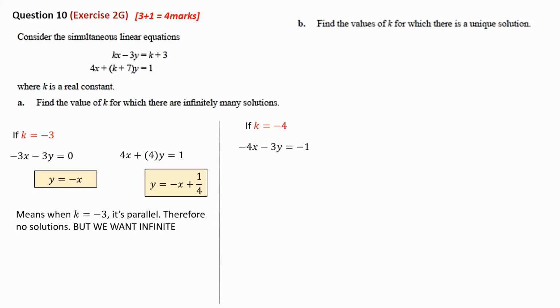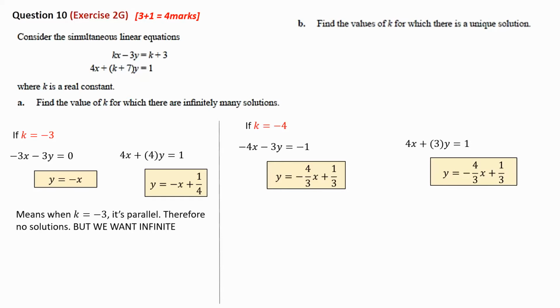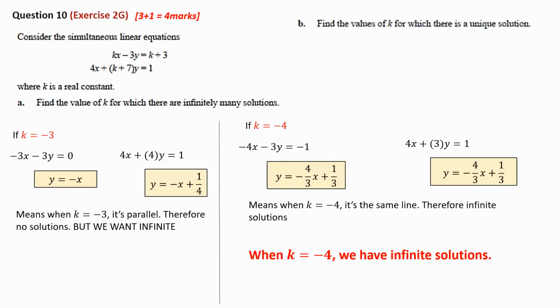So if you do the same thing again and sub -4 in, you'll get exactly the 2 same lines, and therefore when k equals -4, it is the same line, therefore you have infinite solutions. That's your answer. And that makes sense why it's a 3-mark question, why it takes a lot to prove.